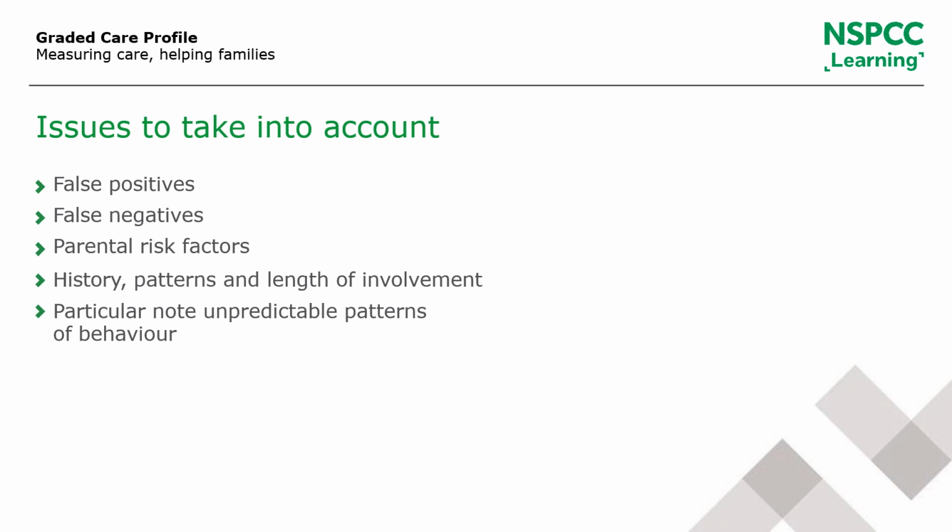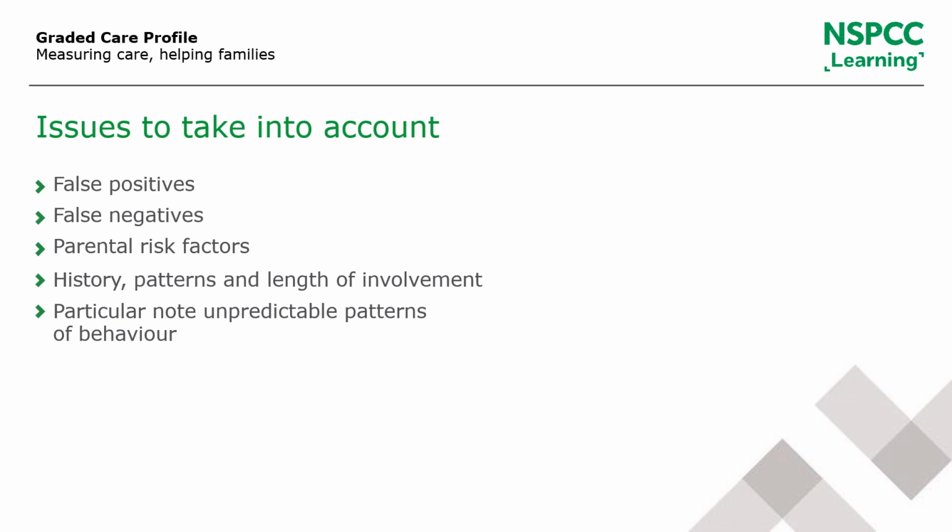Again, when we're thinking about our report, we're going to think about the history, any patterns or length of involvement, because although the information that we're scoring on is current, if this family has been through services over and over again for a long period of time, we might need to think about what we do differently this time to try and have some long-term sustainable change.